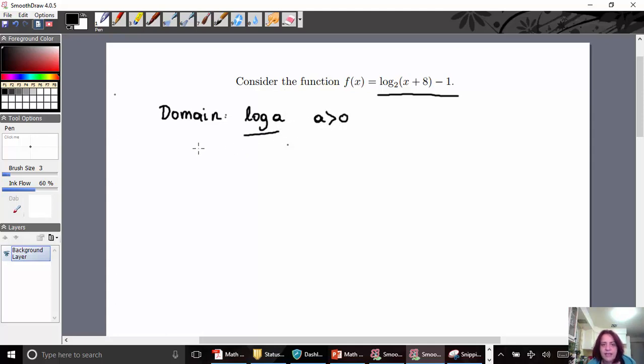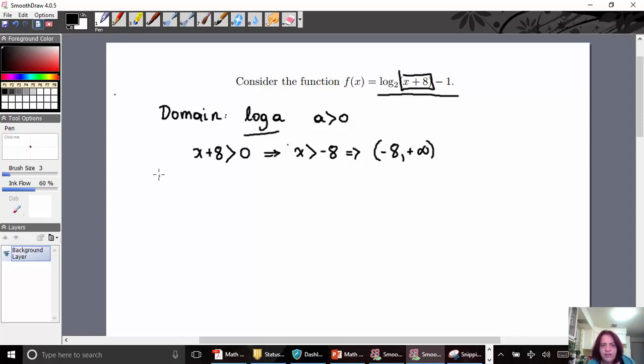So this means that x plus 8, the argument inside the logarithm right here, should be greater than 0. So we need to solve the inequality that will give us x greater than negative 8. And of course we need to rewrite this in interval notation, from negative 8 to positive infinity.